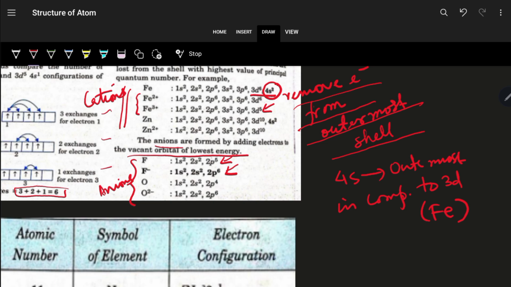That means in 2p, making it 2p6. Oxygen has p4 configuration, 2p4. O2- will take electrons in 2p only, though there will be electron repulsion, because when you add one electron and go to add another electron, there will be energy factors associated with it.